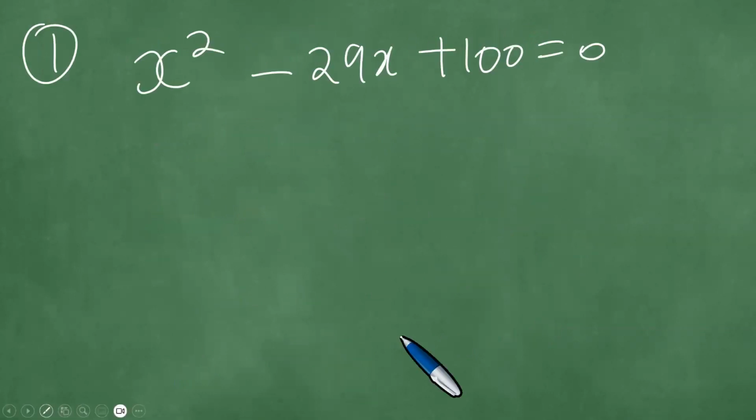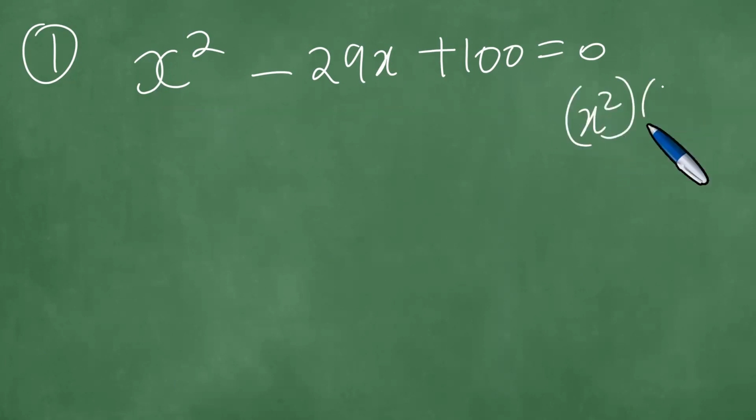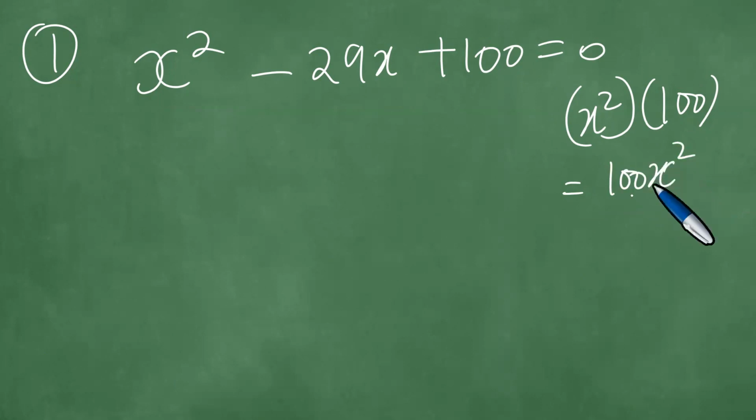Okay, now we need to solve this. But what are the factors of this? So the way to do this is to actually multiply x squared with 100. If you multiply x squared with 100, what does it give us? It gives us exactly 100x squared.